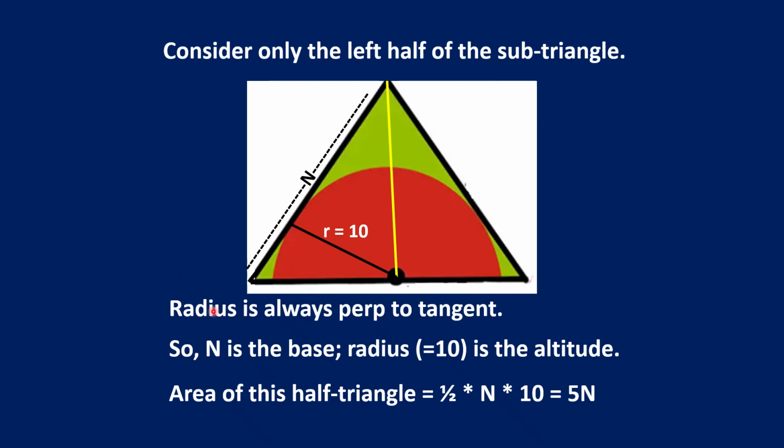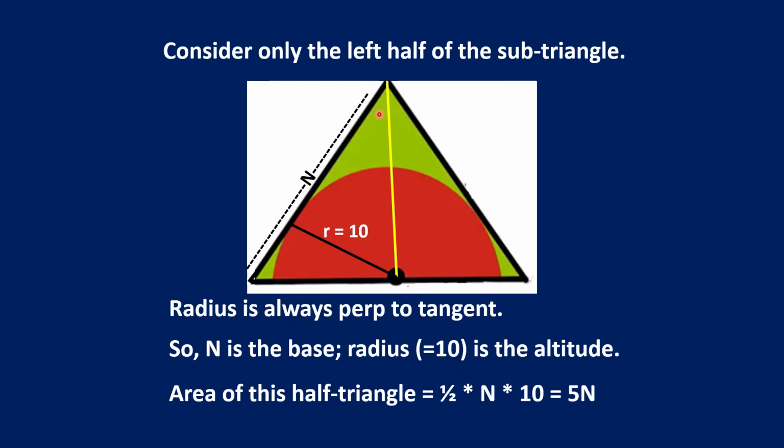Now, radius is always perpendicular to tangent. So n is the base. Take one half of this, the left half. The triangle has been divided into two equal halves, and now we are taking one half.